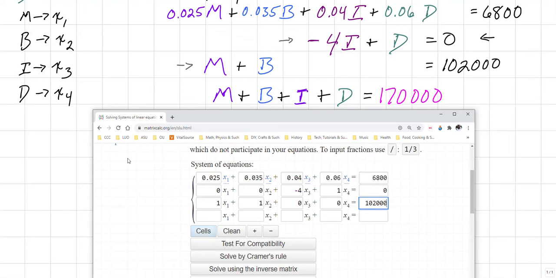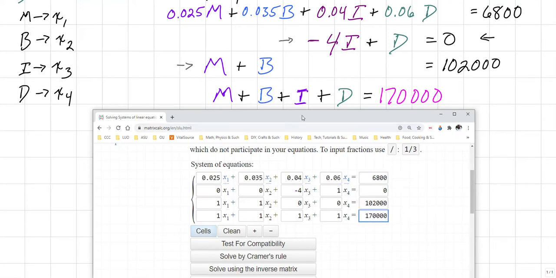And then finally, we'll come to the fourth equation, which is M plus B plus I plus D, and notice that all four of those variables will have a coefficient of 1. And that's going to be equal to 170,000.